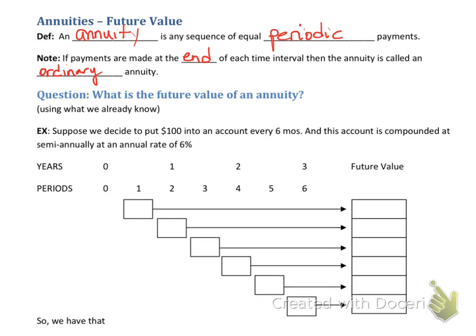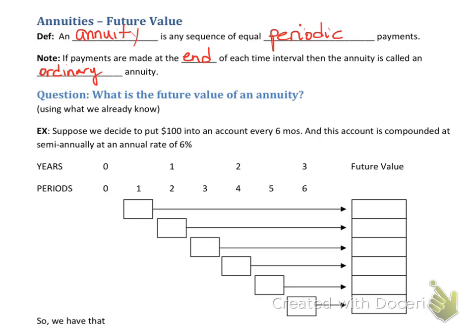That means it doesn't have any time to accrue interest during that compounding period. So that makes a difference in how this is calculated. You'll see some examples in your homework where you adjust whether or not the payment is made at the beginning or at the end. If it's made at the end, that's what we call an ordinary annuity. So what is the future value of an annuity if we use what we already know?